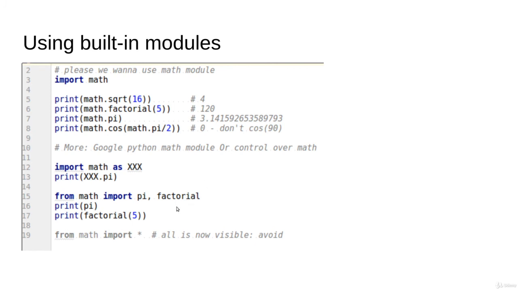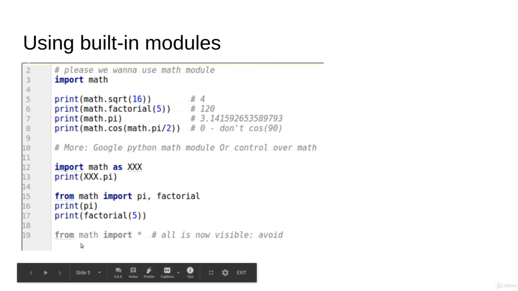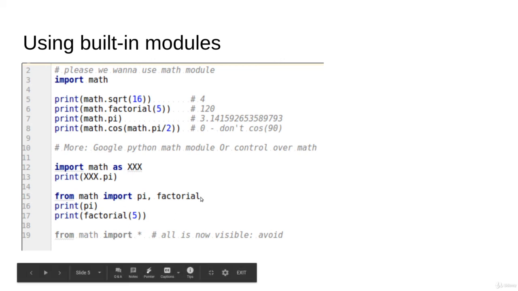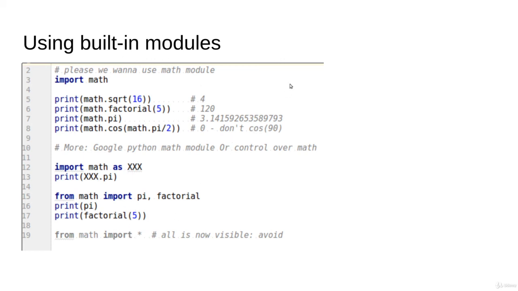Now the second one will override the first one, so your code only sees the second one. So in general, don't follow line 19 here. Stick to this style, it's much better, or this one if the names are really unique. So these are the four ways that we can use to import a module.